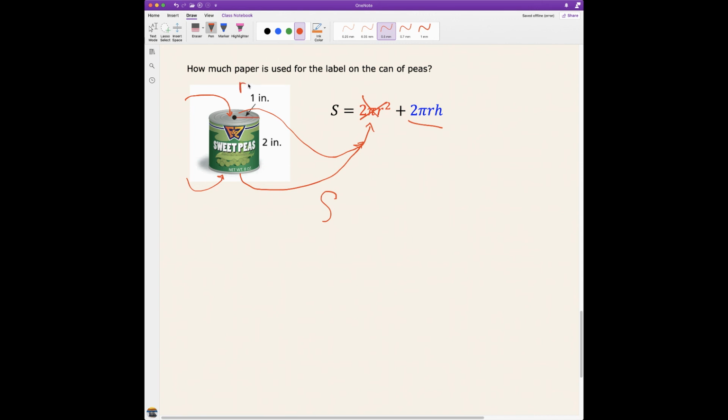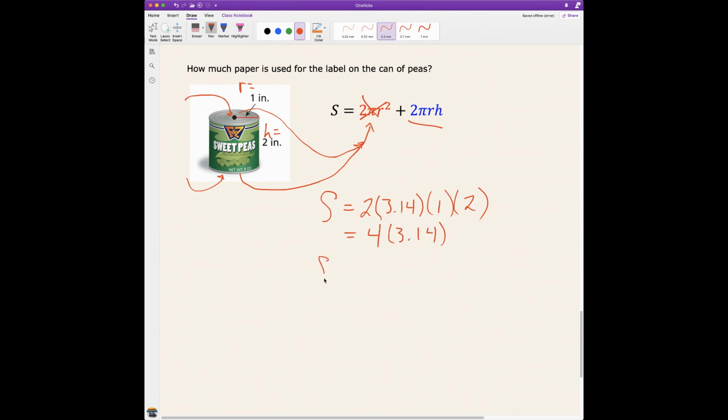All right, so what is the radius? It's right here. Radius is 1 inch. The height is 2 inches. So all I have to do is plug those numbers in to this part of the formula. Radius is 1 and the height is 2. And I simplify a little bit. This is just 4 times 3.14.